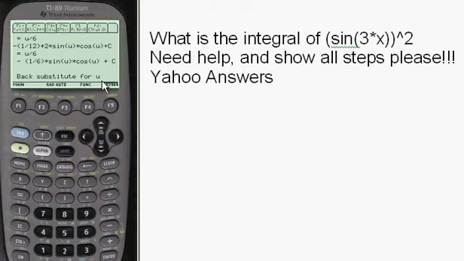And so then we add that into the function: u over 6 minus 1/12 times 2 times sine of u cosine of u plus c equals u over 6 minus 1/6 times sine of u cosine of u. Notice we multiplied 2 times 1/12, which is 2 over 12, which is 1/6, okay? And the answer is x over 2 minus 1/6 times sine of 3x times cosine of 3x plus c.